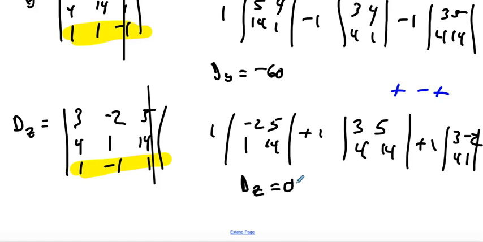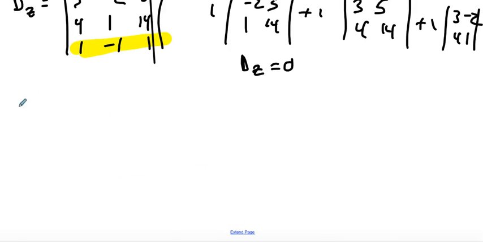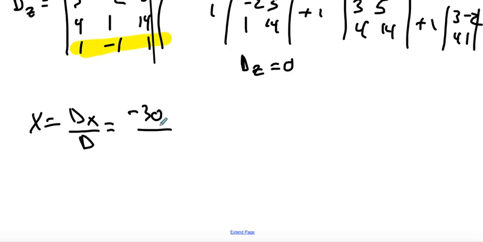Is that what I got there? Yes. Great. So last but not least, if I want to find x, it's d of x over d. Okay, and we found that d of x was negative 90, and our d was negative 30, which is just going to give us 3.